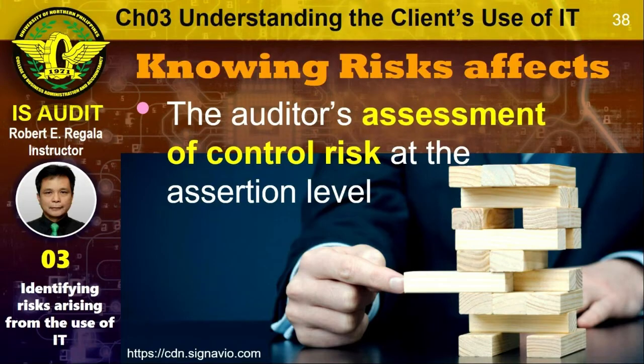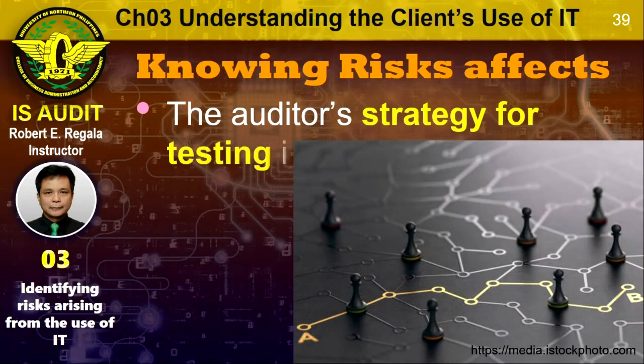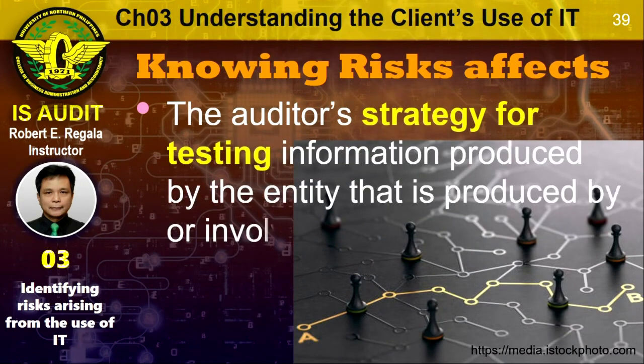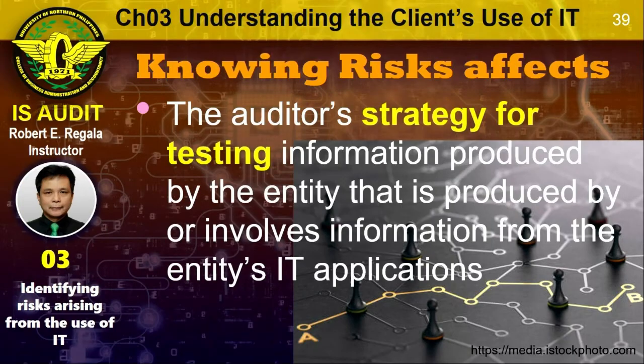The identification of risks arising from the use of IT also affects the auditor's strategy for testing information produced by the entity, that is, produced by or involving information from the entity's IT applications.